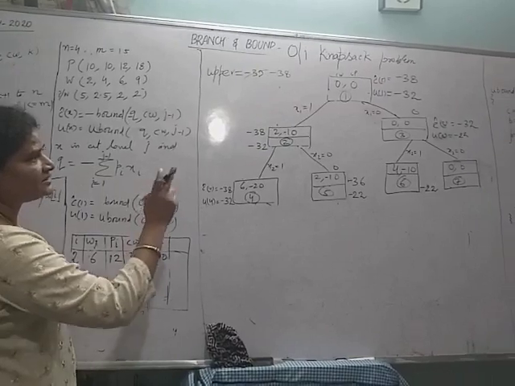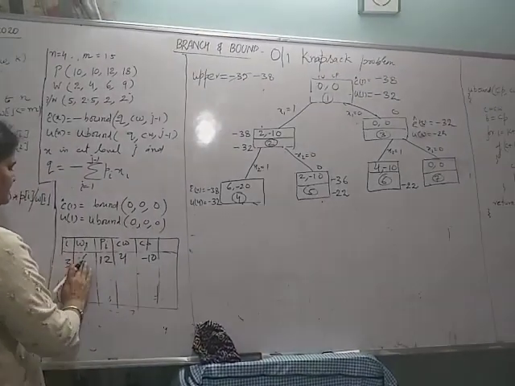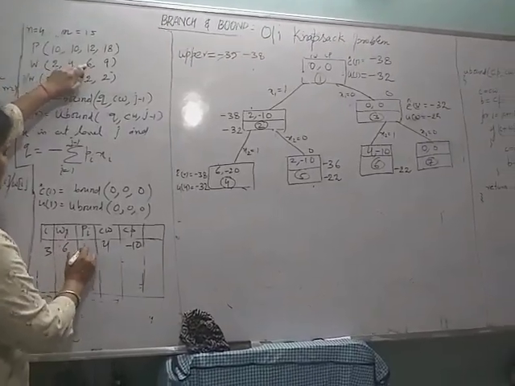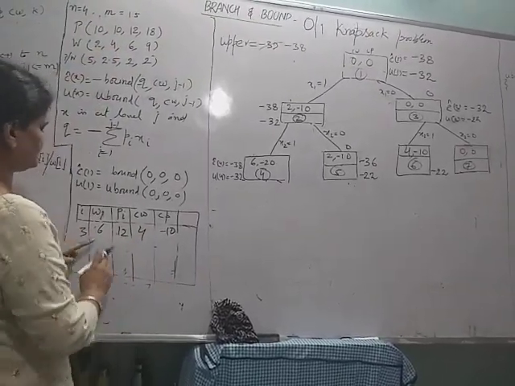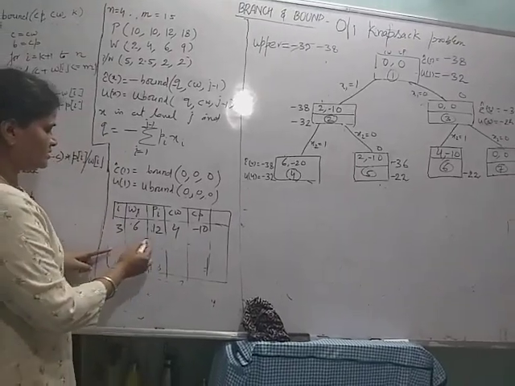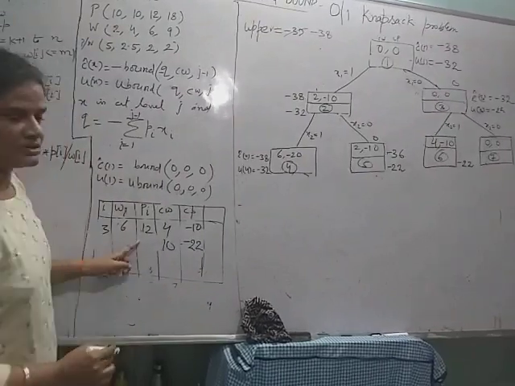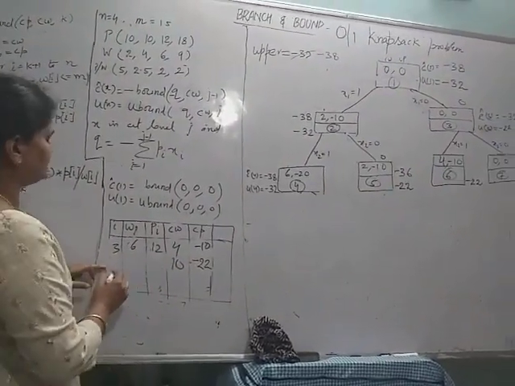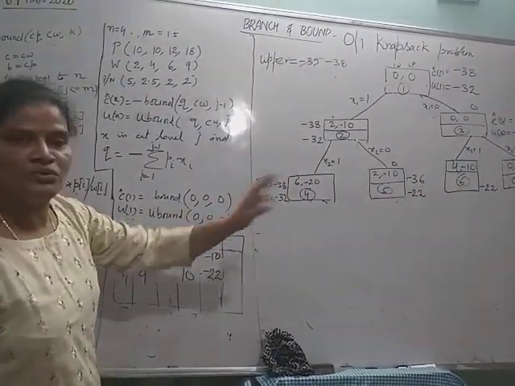It is at the second level, so it will start from the third weight. The third weight is 6 and the third profit is 12, so 6 plus 4 is 10, less than or equal to 15. So the current profit is minus 22, and the next weight is 9, and 9 plus 10 is 19, so u is minus 22.